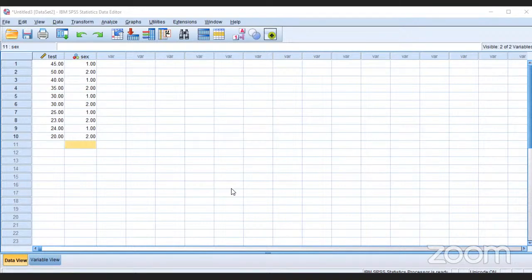What is the report? The report says that the mean is 32.20, and the standard deviation is 10.06. Is it clear? So I am getting only the mean.